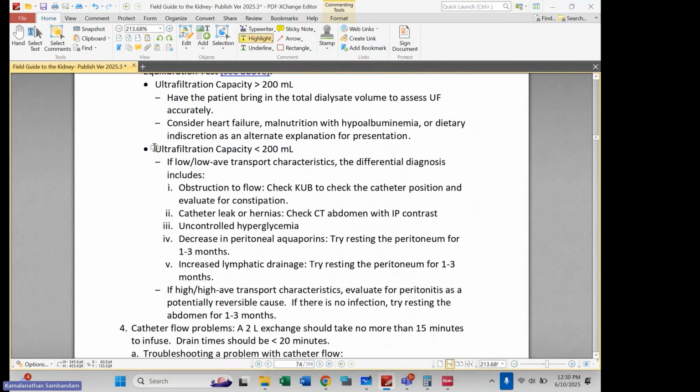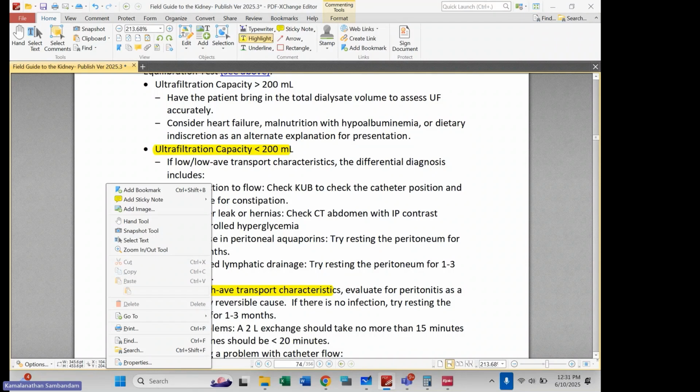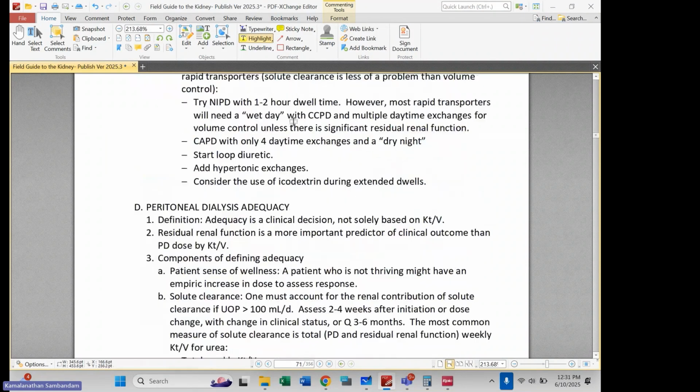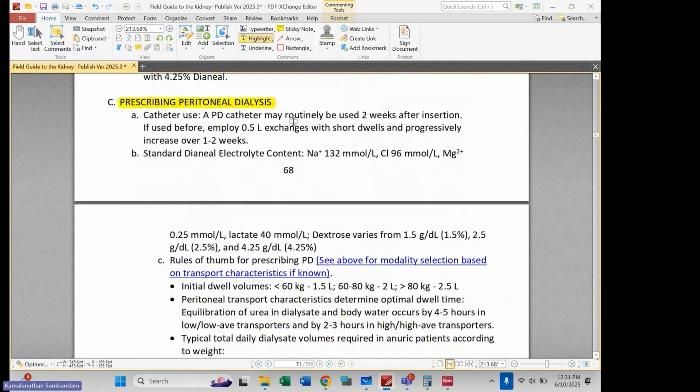And you can see that if you have insufficient ultrafiltration, I didn't use the term ultrafiltration failure here, but ultrafiltration capacity instead, you can see that there's high transport characteristics as one example of low ultrafiltration capacity, but then there are these other things as well that can result in low ultrafiltration, okay? I guess I've avoided the term ultrafiltration failure in that section of the field guide, but you can see the analogy. All right, prescribing peritoneal dialysis.